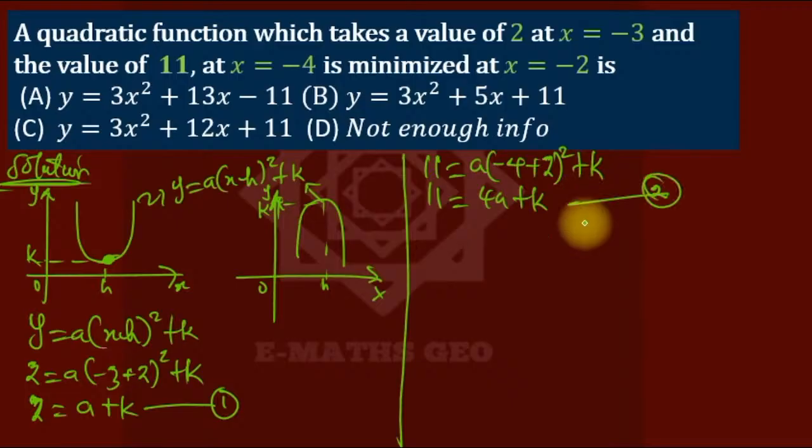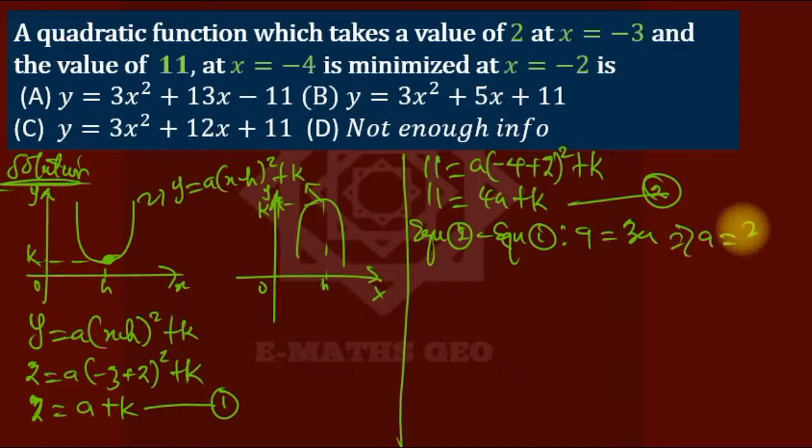So if we subtract equation 1 from equation 2, 11 minus 2 is 9, 4a minus a is 3a, and k minus k is 0.